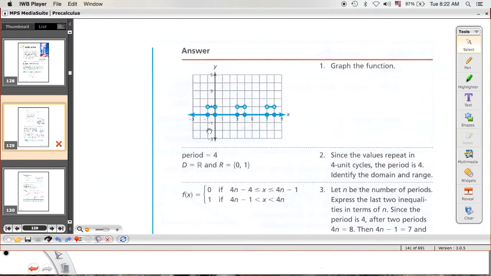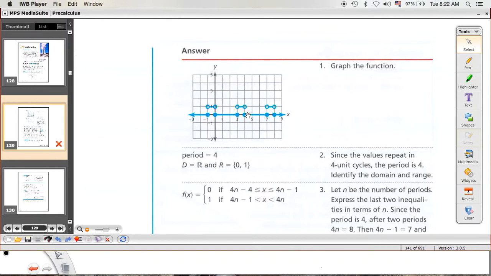Okay, you want to look at the cycle. So it's a 4-unit cycle before it repeats again. So the 4 units mean that that's the period, which is going to give you this number here, so that we can work backwards and get the whole cycle in. Remember, this n is whichever period, whichever cycle you're at. It's the number of periods. So this is the first cycle here, so this is when n equals 1.